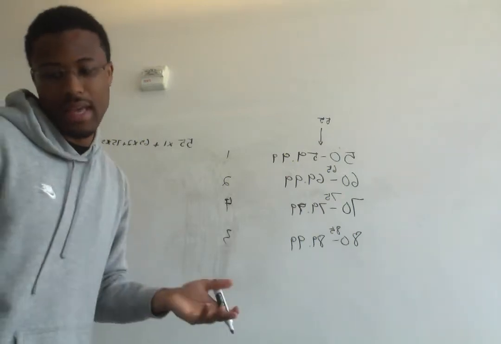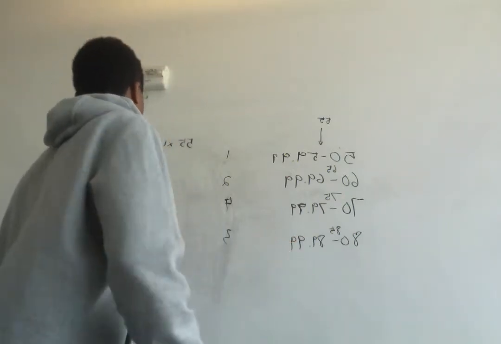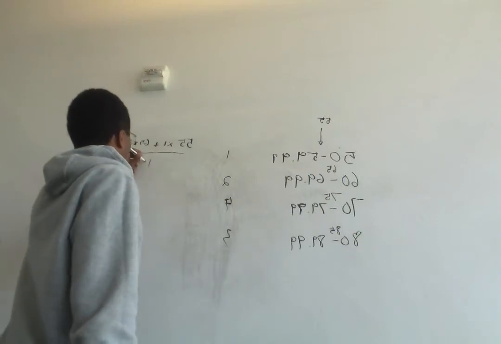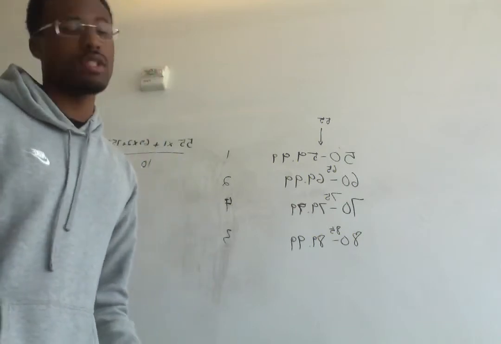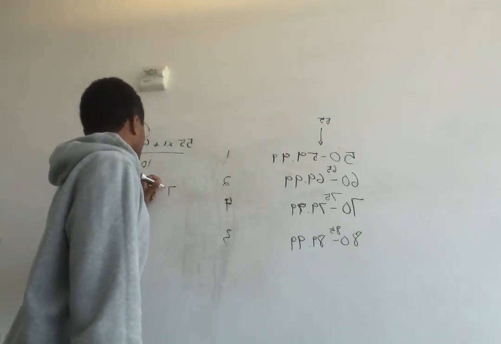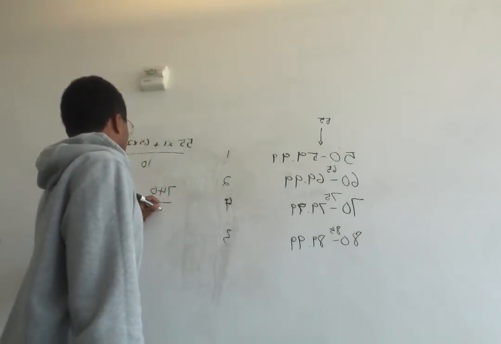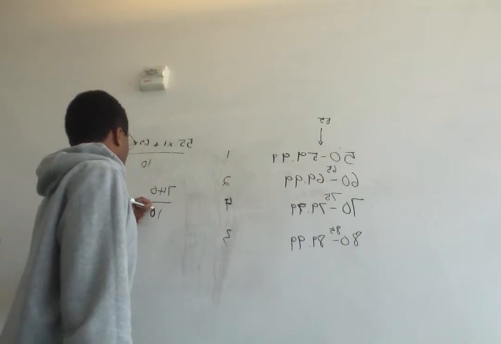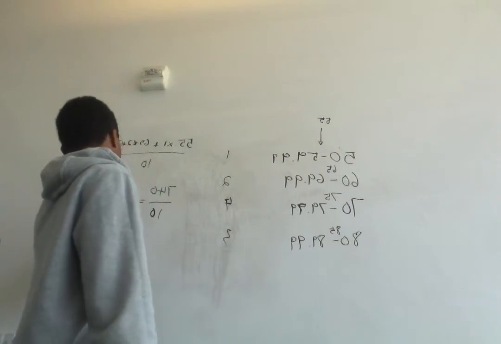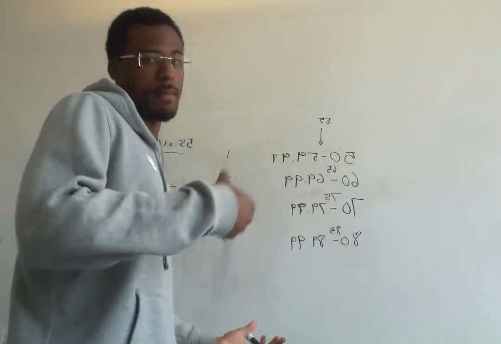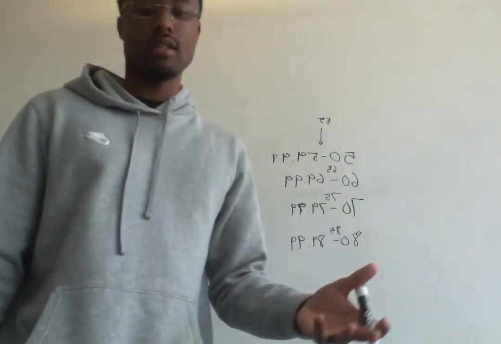Then you divide that by the total number of students, so divide by 10. Once you do that, you should come up with 740 divided by 10, which equals 74. So now that you have the mean, the standard deviation is simple.